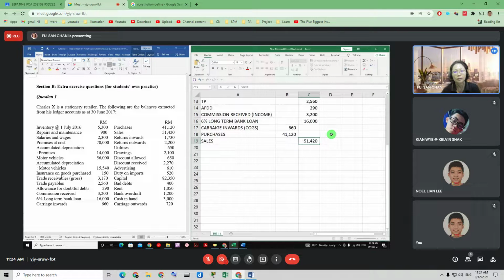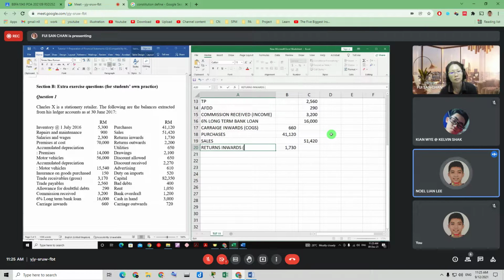Kevin, in your test you did a correction, but this transaction is still wrong. You put debit sales, credit cash. Sales can never be debit. It must be on the credit. How about return inwards? Debit or credit? Debit. Return inwards is who returns, trade receivable or trade payable? Trade receivable.